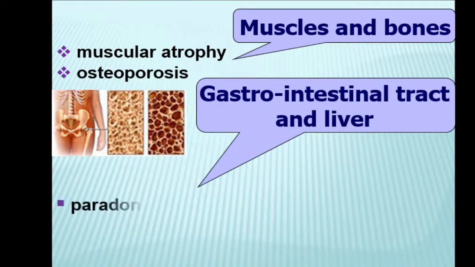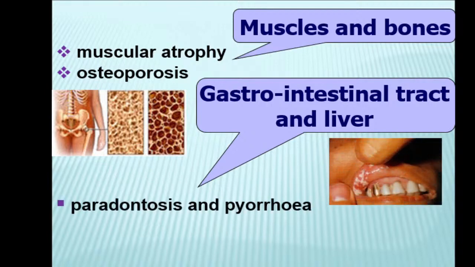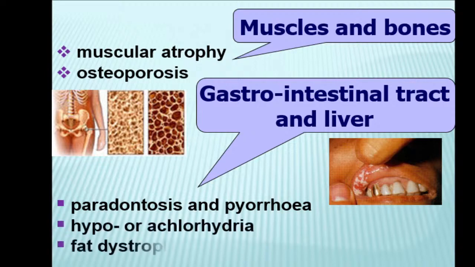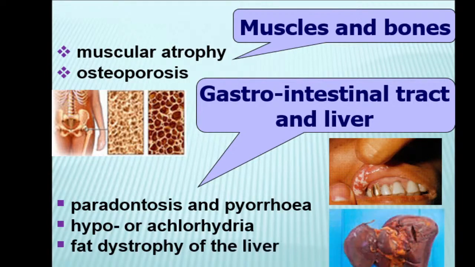Gastrointestinal tract and liver. First of all, a patient with diabetes mellitus is predisposed to inflammatory affection of the oral cavity, because our oral cavity is not sterile and normal activity of immunoglobulin A protects our organism from infections, but immune response decreases in the patient with diabetes mellitus.